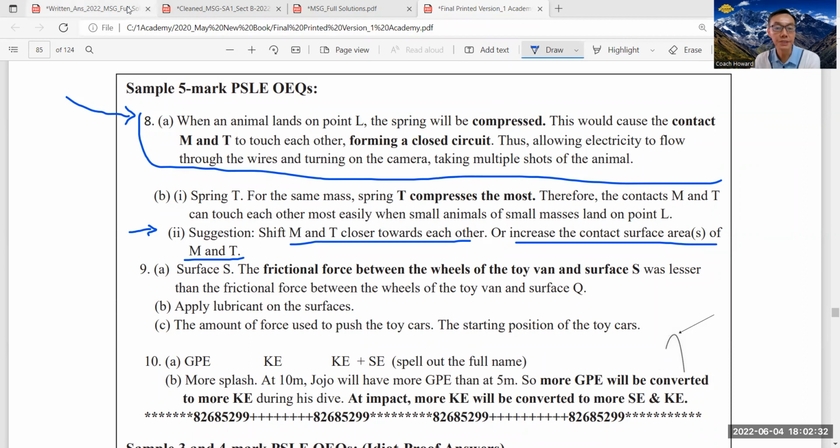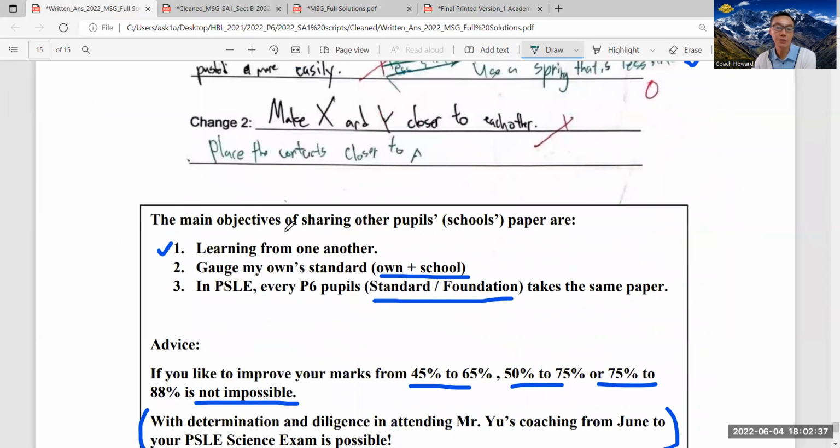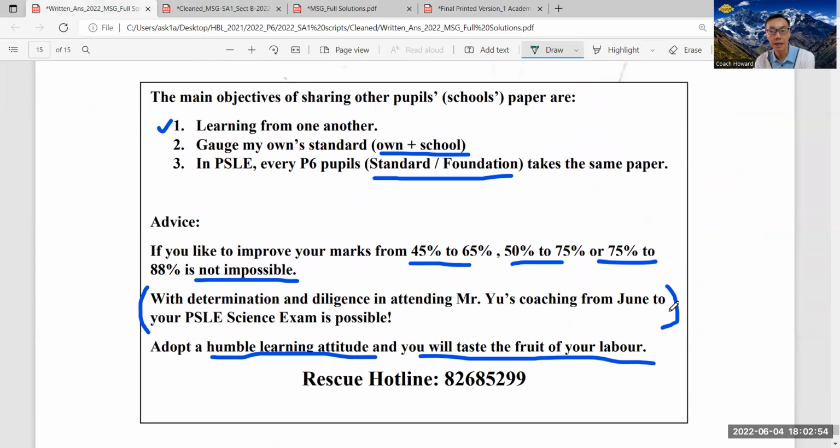Coming back to this question, the main objective of today's exercise is to learn from one another. You can also gauge your own standard against the other school's standard. Because in PSLE, every pupil, either standard or foundation, will take the same paper. My target and my advice to every one of you: we have about 15 weeks left to improve on our answering ability.